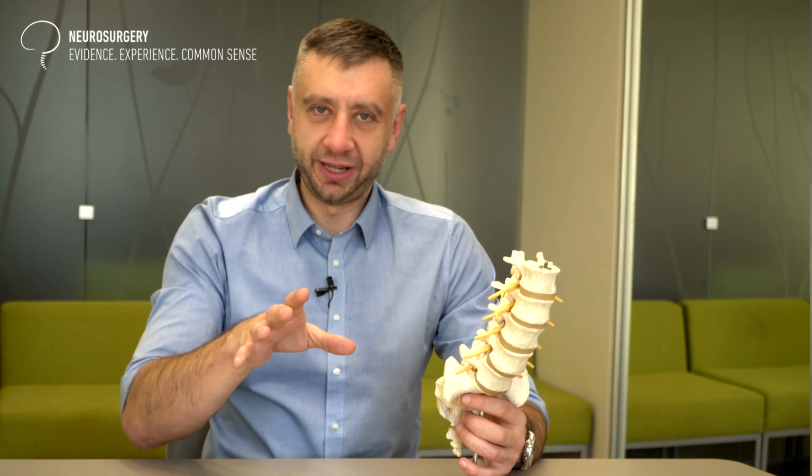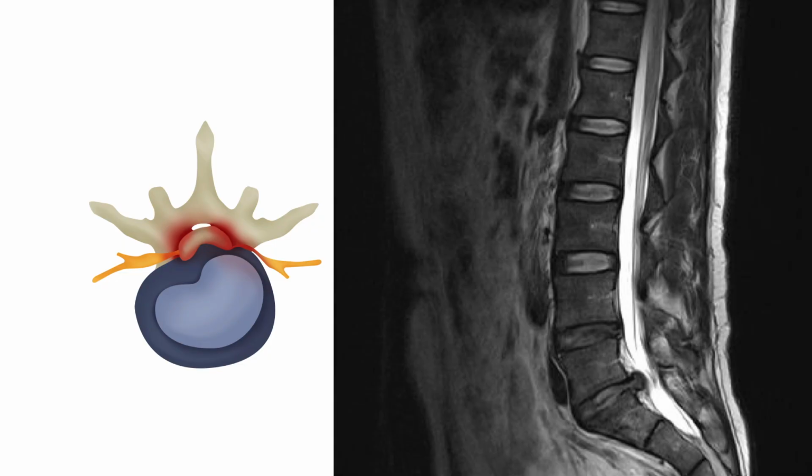A disc herniation can be completely asymptomatic and does not require any treatment if it has happened in a location where it does not actually cause any pressure on the exiting nerve roots. And vice versa, if the disc herniation has happened in a place where it is pressing on the nerves, the symptoms depend on exactly which nerve root is pressed.